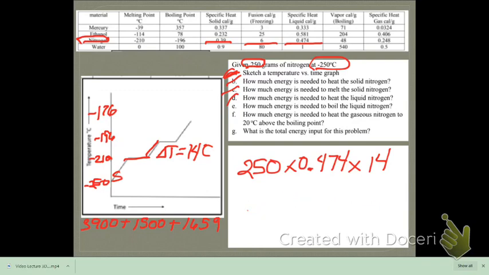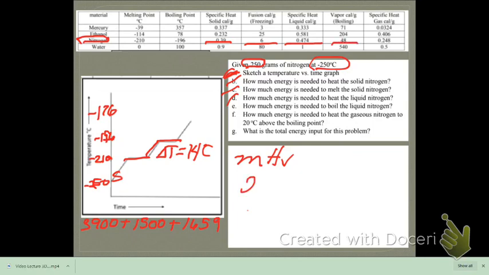My next question is how much is needed to boil, not the solid, but the liquid, to boil the liquid. Again, there's no temperature change, so I'm just going to use the mass, and this time the heat of vaporization, not the heat of fusion, but the heat of vaporization. So this is going to be 250 times 48.